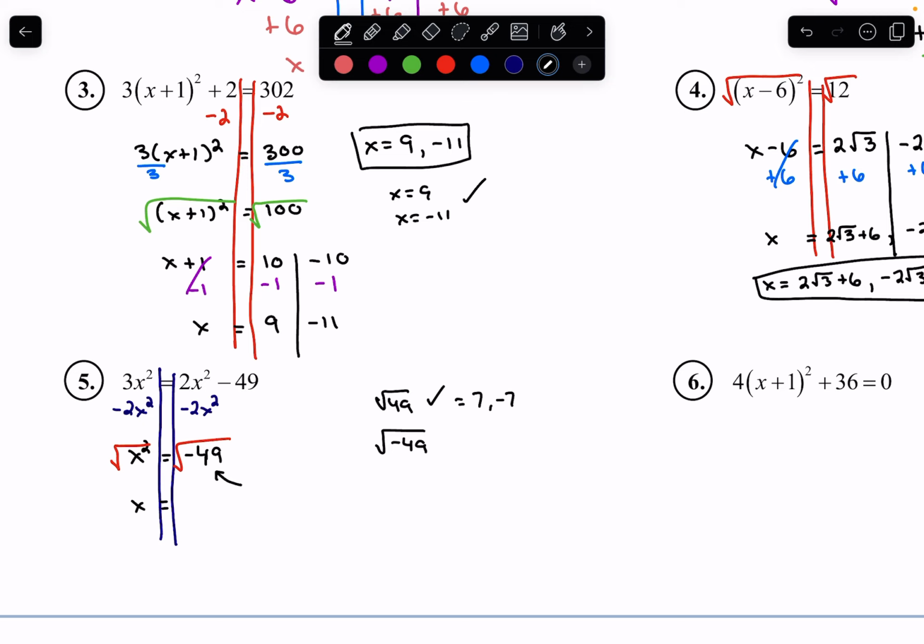And the reason you can't, if you remember what it means to square root something, is you are looking for two numbers that will multiply to equal negative 49. So I'm looking for number 1, number 2, that are going to multiply to equal a negative number, negative 49. The problem is these two numbers have to be the same number.